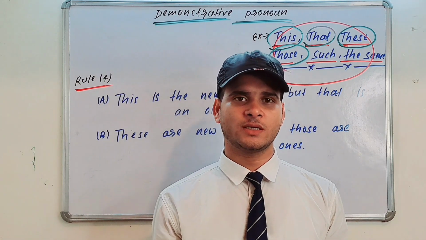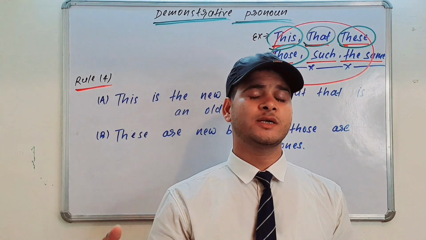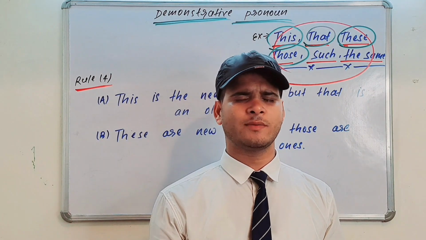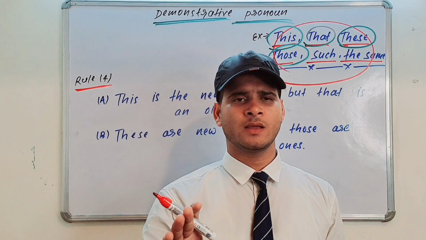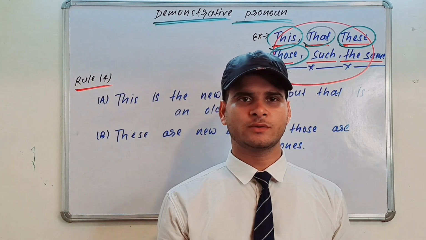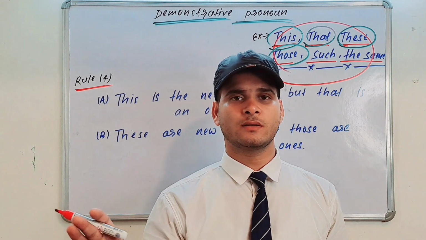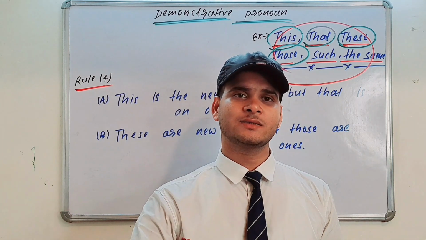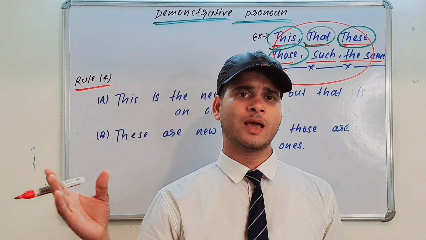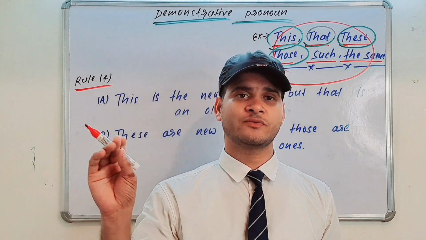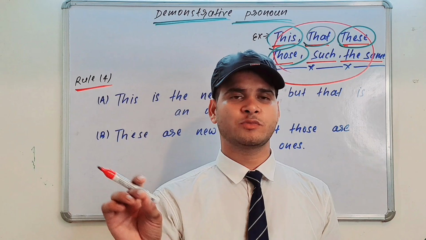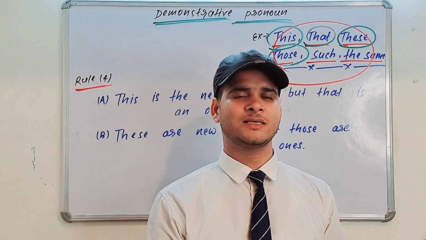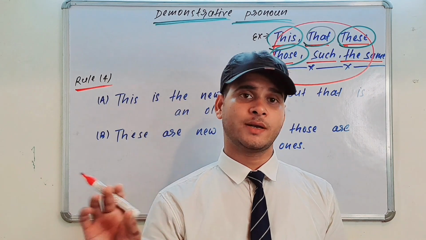No, I'm not talking about "this", because "this" is used to point out a nearest singular noun, and "that" is used to point out a distant singular noun, and "these" is used to point out a nearest plural noun, and "those" is used to point out a distant plural noun.